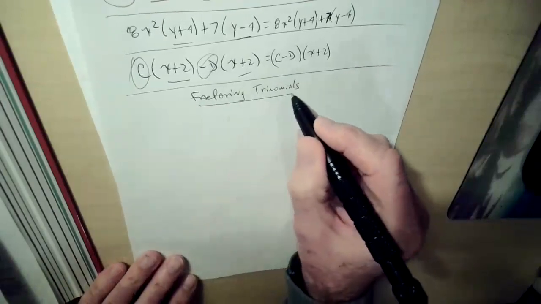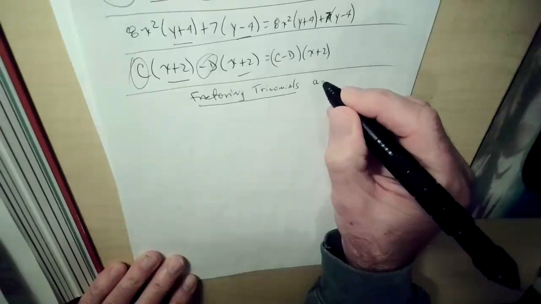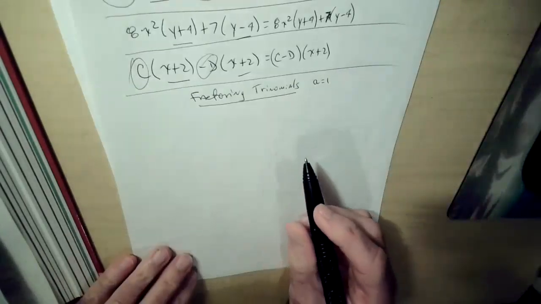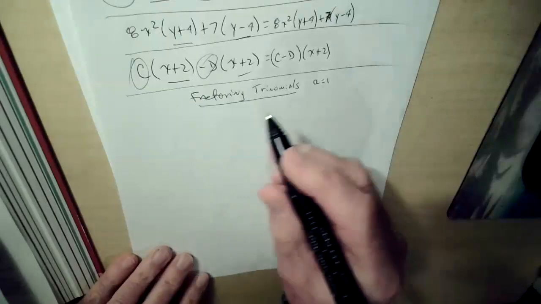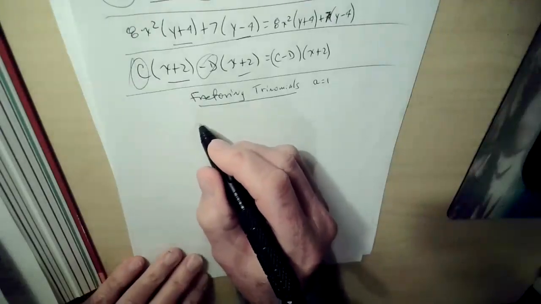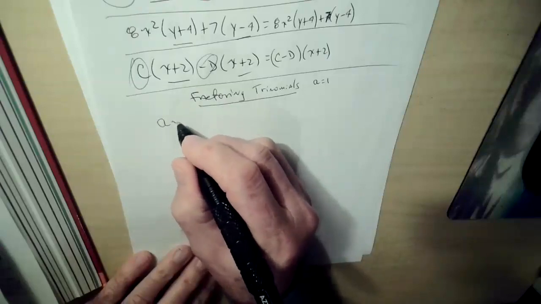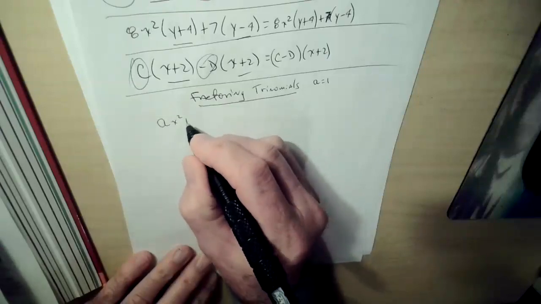Factoring trinomials where A equals 1. Now what this means is A equals 1.